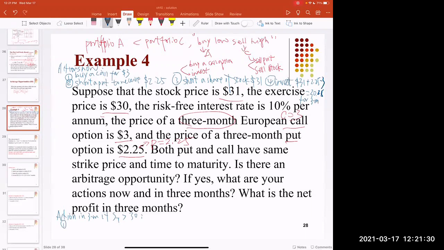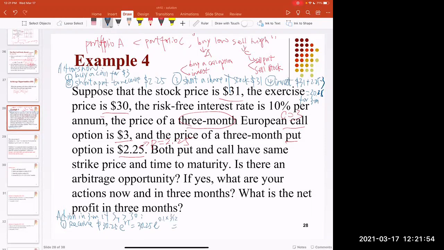If the stock price is greater than 30, first, you do the investment, right? You're gonna receive money from the investment. The principal is 30.25, and you compound continuously for 3 months. So 30.25, interest rate 10%, and 3 months is 3/12.